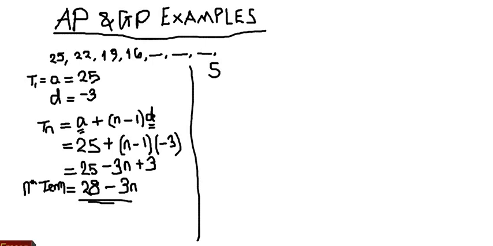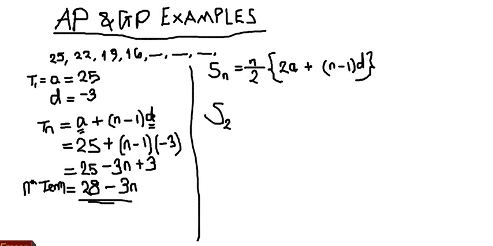The formula for finding the sum of a given number of terms is Sn equals n over 2 times (2a plus (n minus 1)d). That is the formula. So we are finding the sum of the first 20 terms, meaning S of 20.